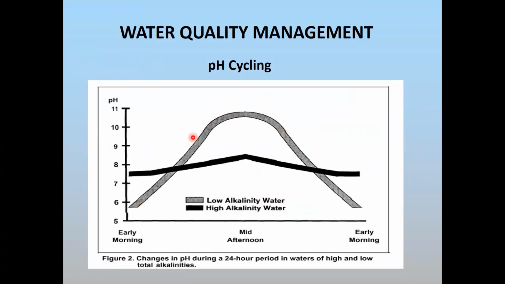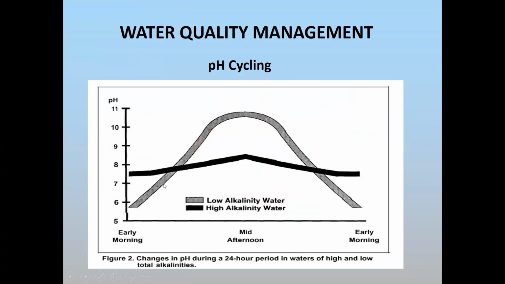So it sort of follows the oxygen cycle, and it's actually related to the plant growth because, as you might know, in order for plants to grow, they are actually taking up carbon dioxide and taking it out of the water, in this case in a pond environment, and then they're also producing oxygen.